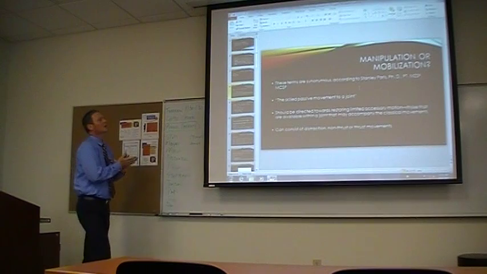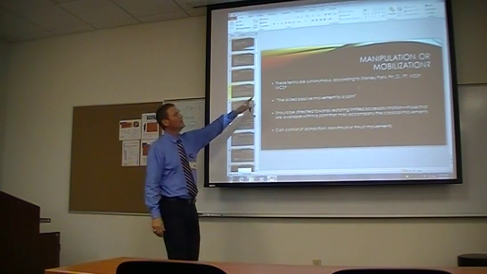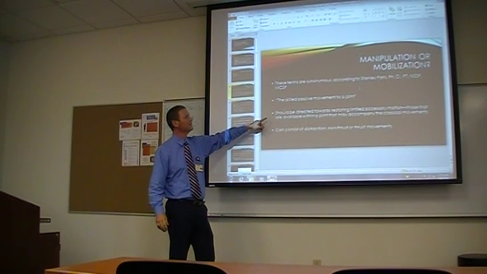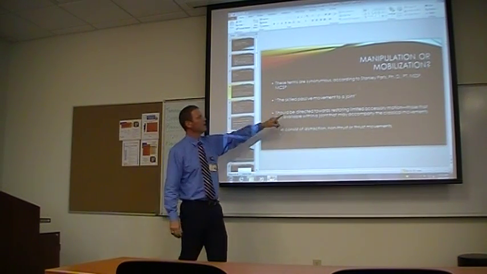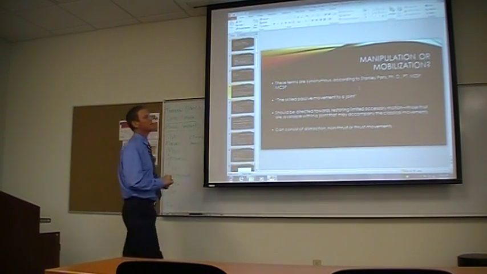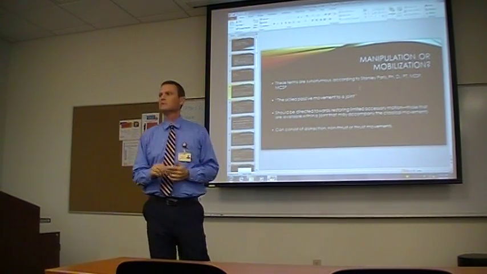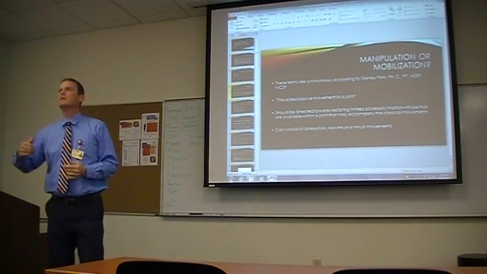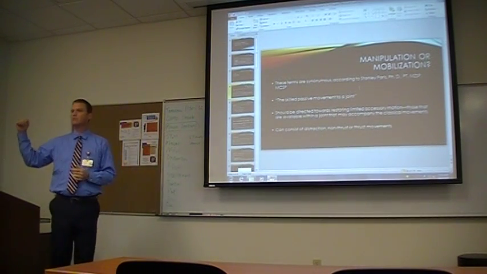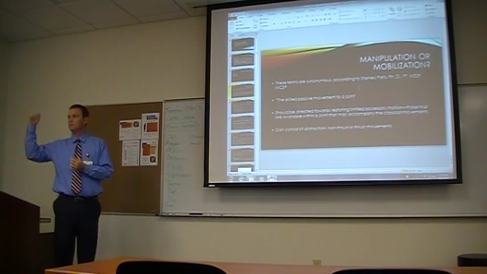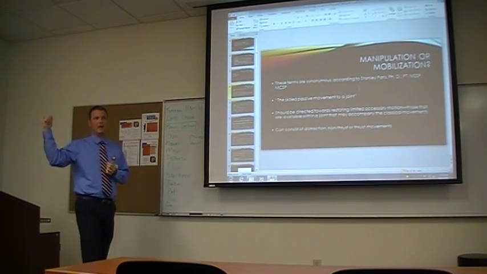Easy. So Stanley continues to expound, and he loves to expound, let me tell you. It should be directed towards restoring limited accessory motion. Do you remember accessory motion? The example was, if you were limited in external rotation, you want to do an anterior glide to enhance that motion.